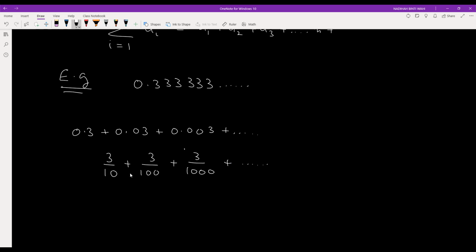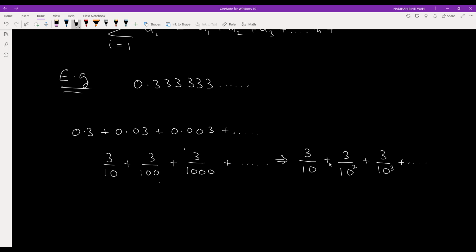So in other words, I can also write it like this: 3/10 plus 3/10 to the power of 2 plus 3/10 to the power of 3 plus and so on.